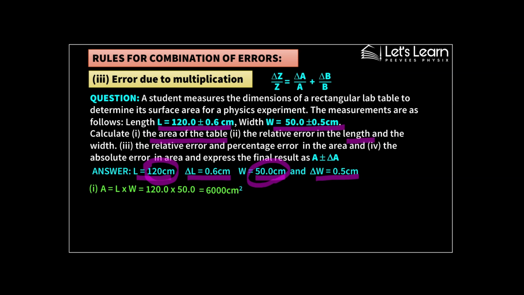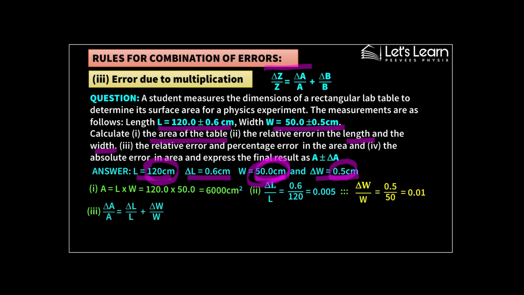We are looking for the relative error in length and relative error in width. Just take the ratio, which gives you 0.005 for relative error in length, and the relative error in width will be 0.5 divided by 50, which gives you 0.01. They wanted the total error in area, relative error in area.